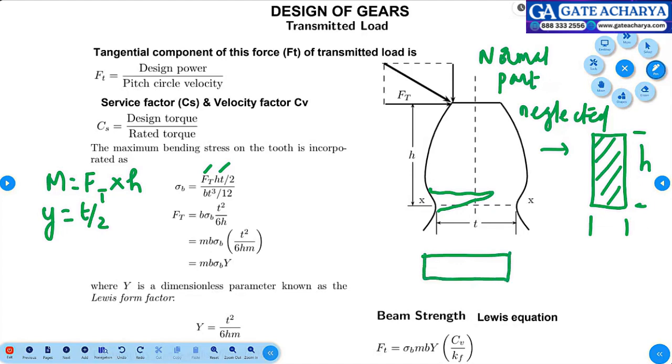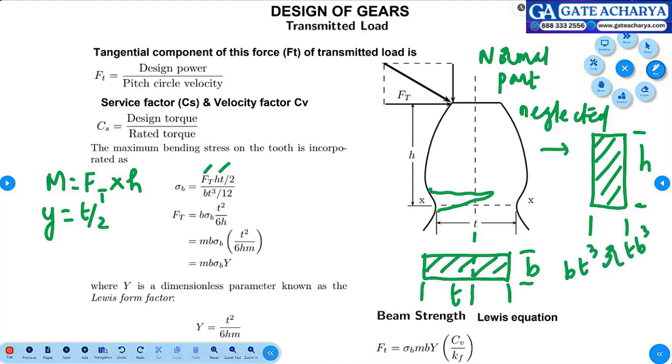This will be T, and this will be B. So your axis is like this. Always, when you write the moment of inertia expression, you will get a doubt: BT cube or TB cube.